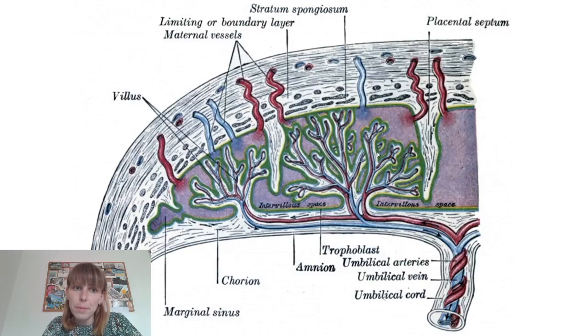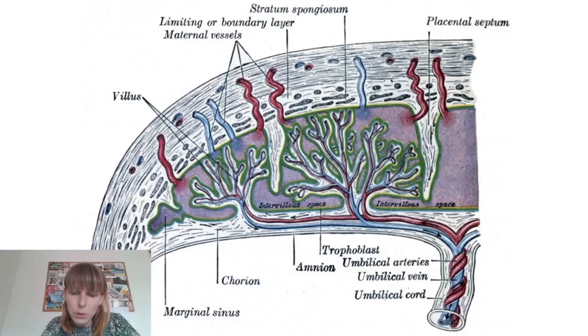So you see the maternal part of the placenta, so decidua basalis, and then you have the maternal blood vessels releasing the blood and taking the blood out of the intervillous space, and then you have the chorionic villi, which grow from this side, from the embryonic pole of the placenta, and they become tertiary when the fetal blood vessels develop.